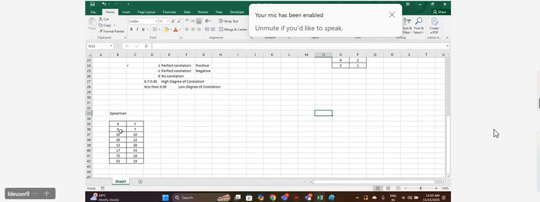How many observations? 1, 2, 3, 4, 5, 6, 7. So here n equals 7. Clear? Now what is di? Di is nothing but the difference of ranks: rank of x minus rank of y. Simple.